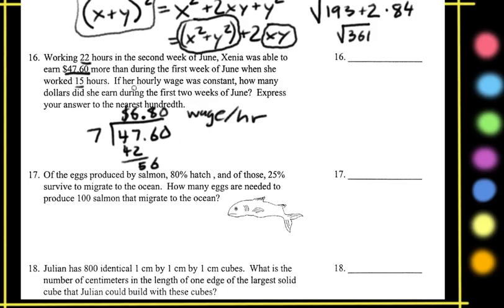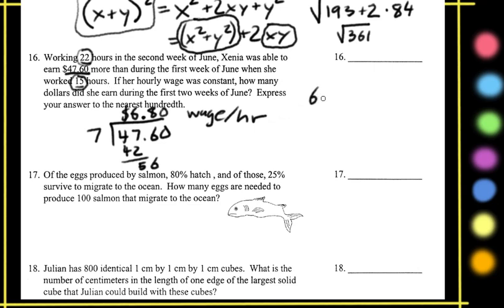What do they want to know? Hourly wage is constant. How many dollars did she earn during the first 2 weeks of June? So what was the total number of hours she worked during the first 2 weeks of June? 1 week she worked 22 hours. That was the second week. And the first week she worked 15 hours. So altogether it's 37 hours.